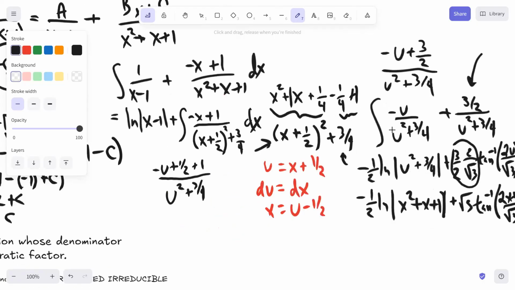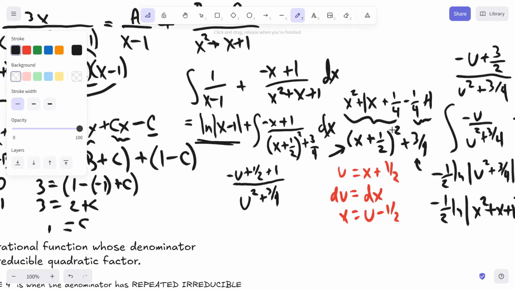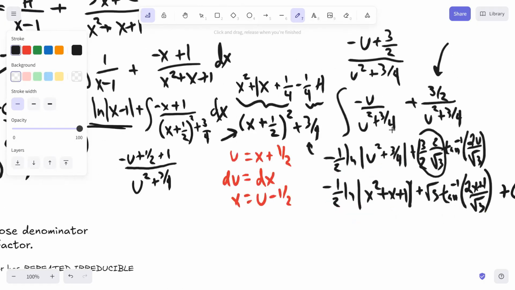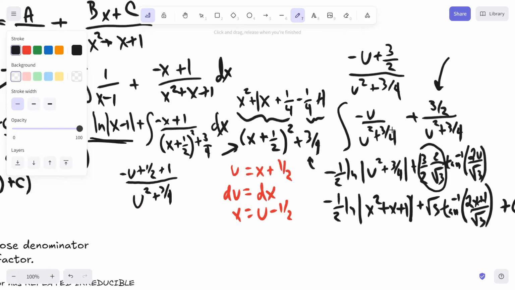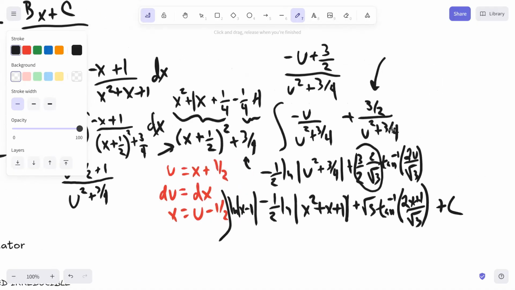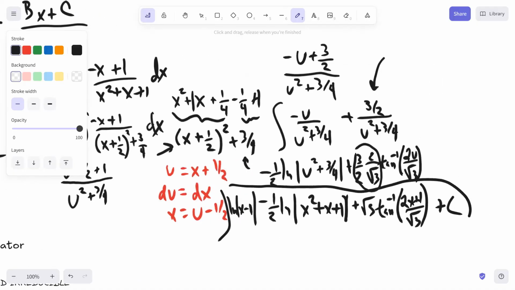But don't forget, all the way back here, we had this first term here, natural log of x minus 1. And that, ladies and gentlemen, is our answer. A little bit of convoluted work there, but hope that was helpful to you.